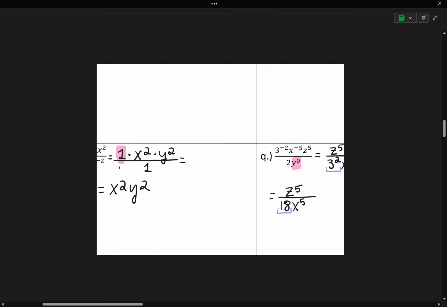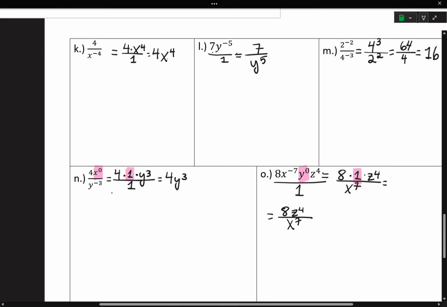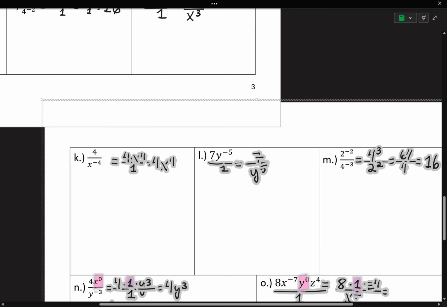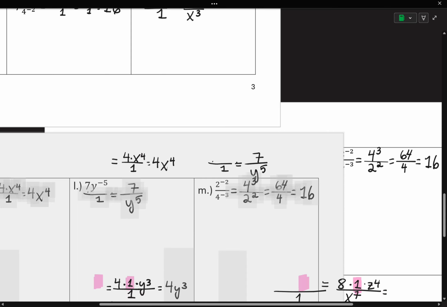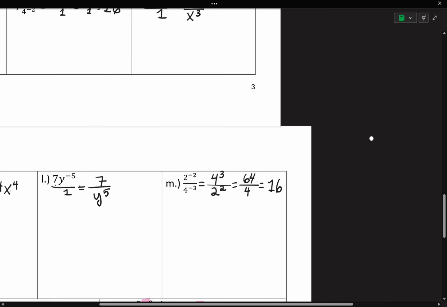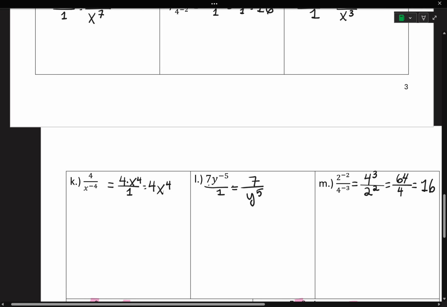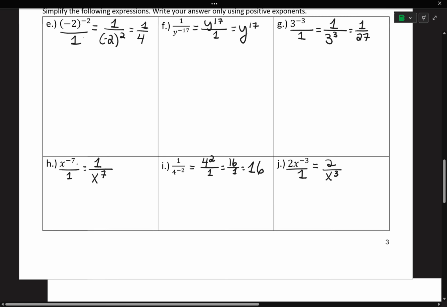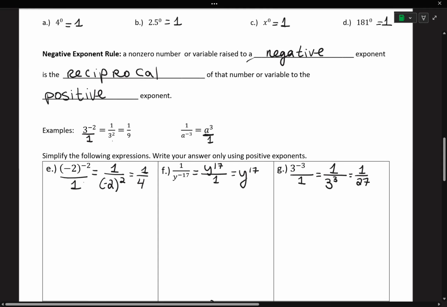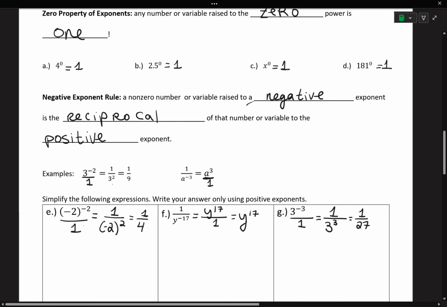Alright, so those are just 0 and negative exponents. So make sure to remember, if anything is raised to the power of 0, the answer is 1. And if we have a negative exponent, that means it's on the wrong side of the fraction line. We've got to create a reciprocal and make it a positive exponent.